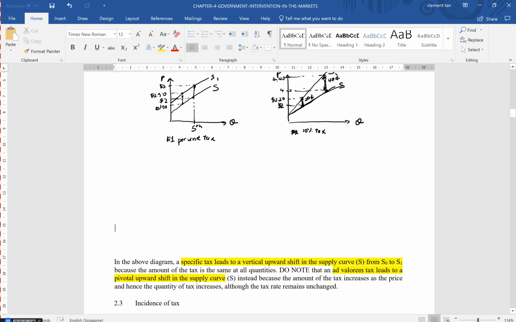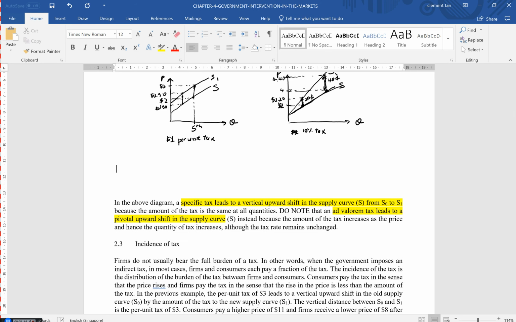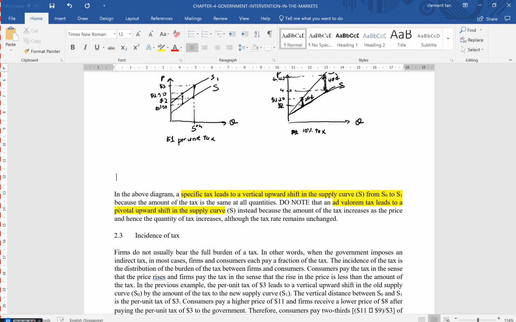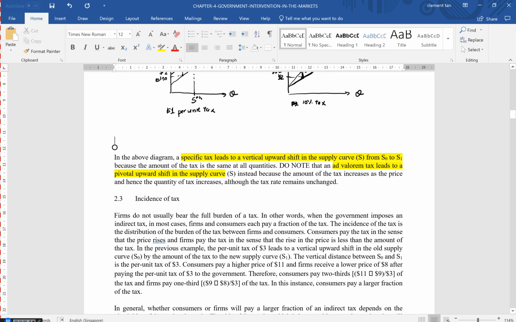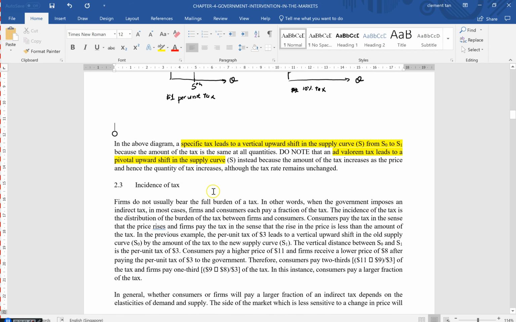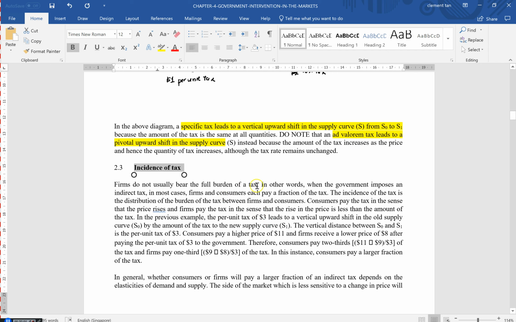Okay, now we go to the more main gist. The main gist is that we're going to learn about the incidence, who bears a bigger burden of the tax. Usually, firms don't bear the full burden, even though the cost is on them.